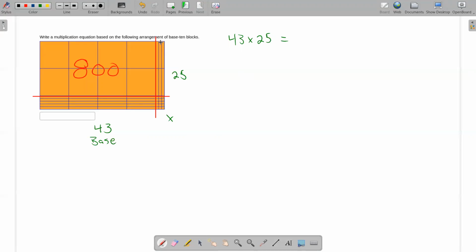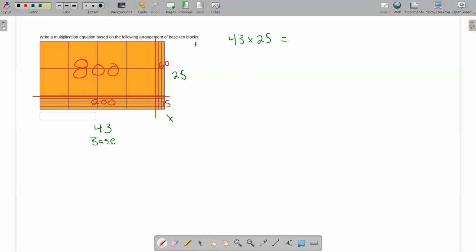Over here, I have a group of 3 by 2, so there's 6 10s or 60 over there. Over here, I have 1, 2, 3, 4 by 5. 4 times 5, there's 20 10s here, so that would be 200. And then over here, I have 3 by 5 or 15.